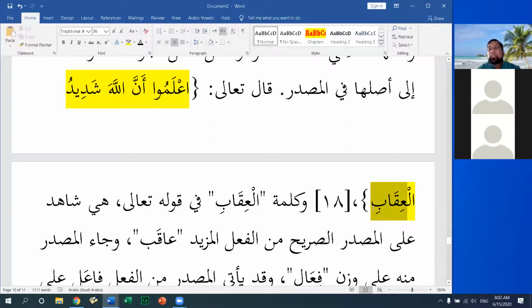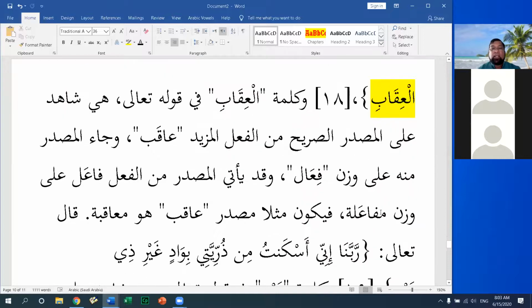And remember, you can say معاقبة also. Remember, I told you there are two patterns for the masdar of the verb on فاعل. عاقب فهو معاقب والذي يعاقبه هو معاقب والفعل العقاب أو المعاقبة. But here Allah uses العقاب فعال.